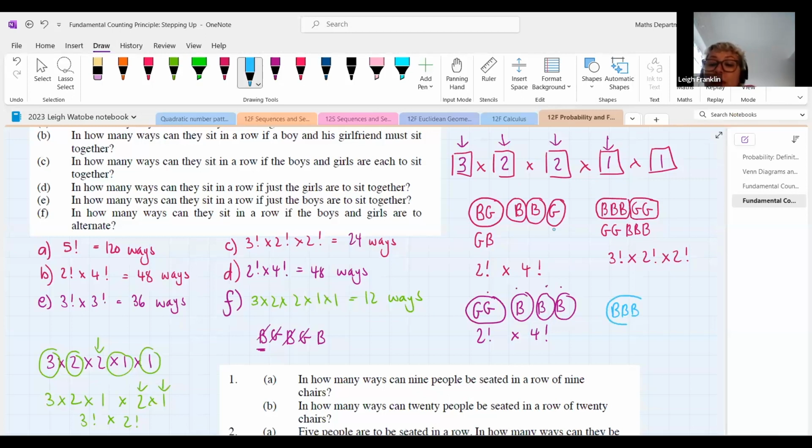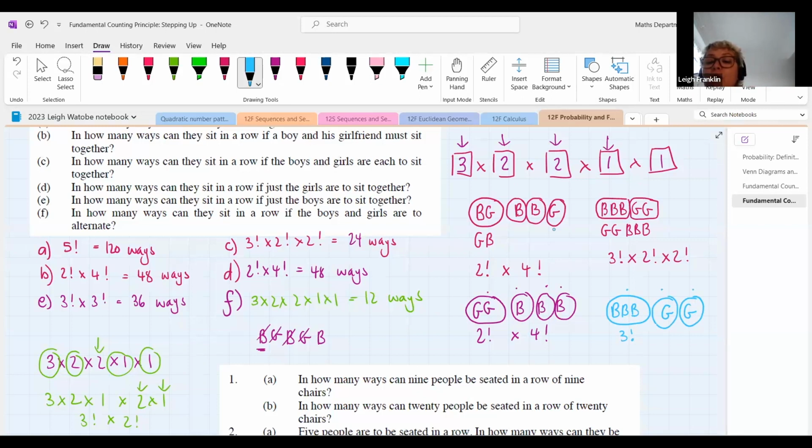When we put them together as a group like this, because there are 3 boys, there are 3 factorial ways that the boys can sit with each other, right? They're now a group, and now we've got to consider how they can sit with the other 2 girls. So what you do now is you count how many circles you've got.